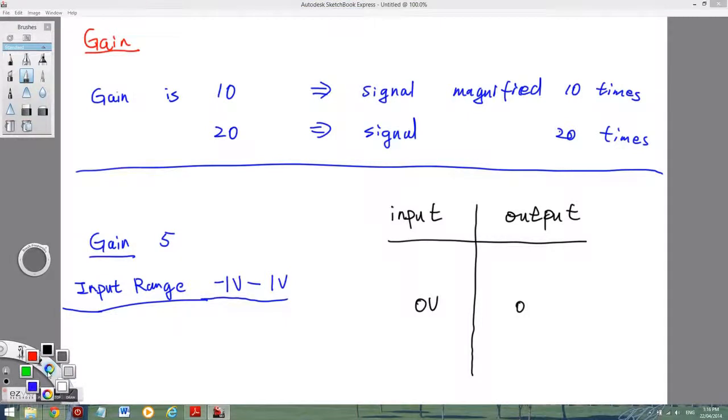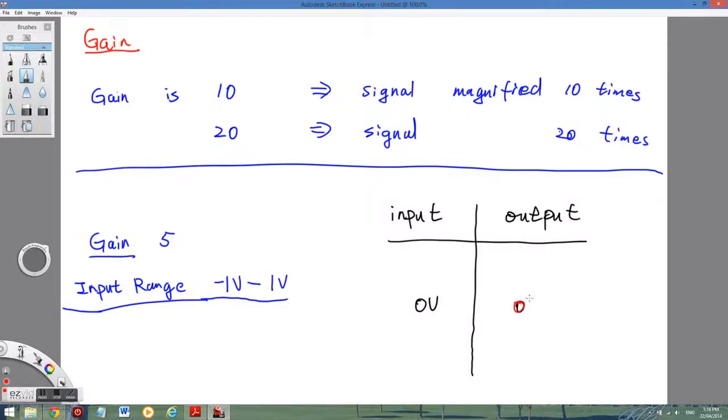Now, if the input is minus 1 volt, the output will be minus 5 volt. If the input is 1 volt, the output will be 5 volt. It all makes sense with a gain of 5. The output is whatever the input times 5.